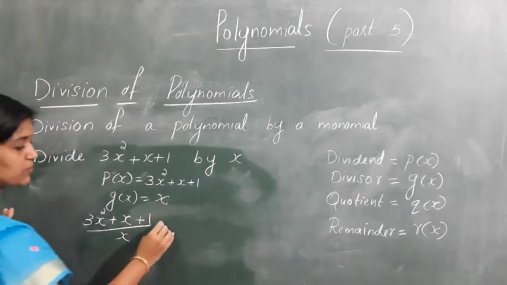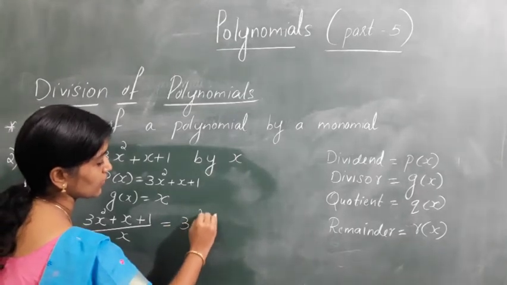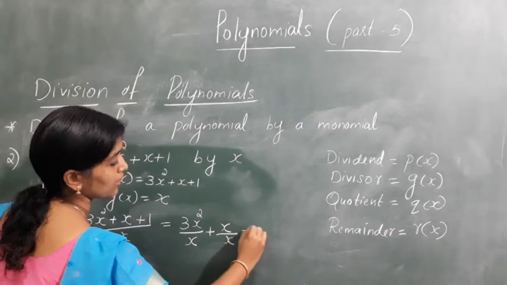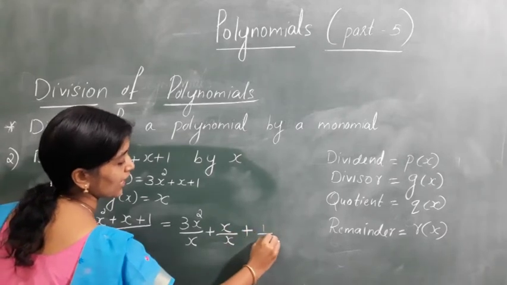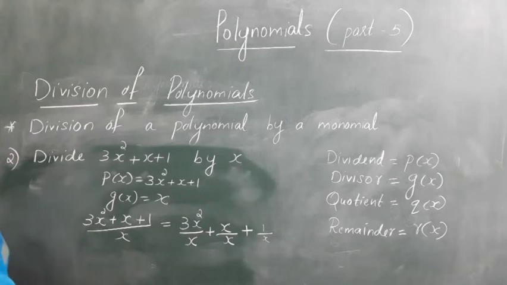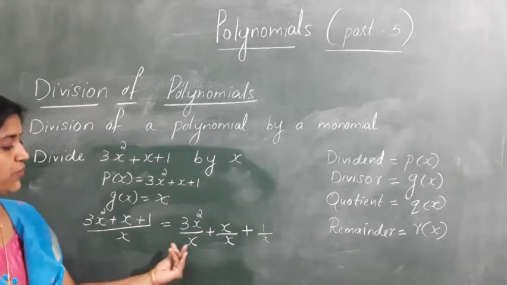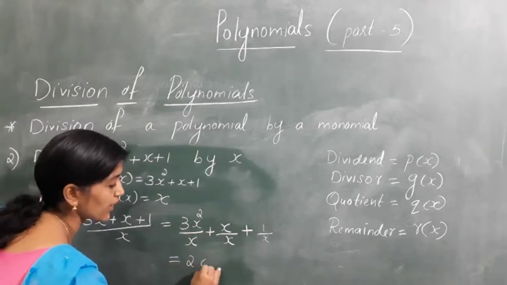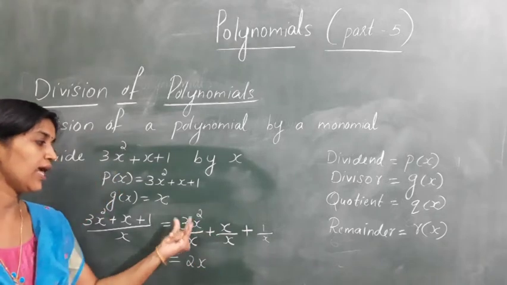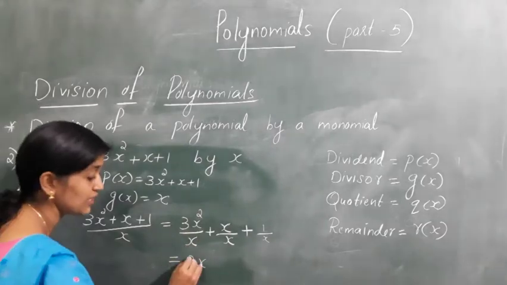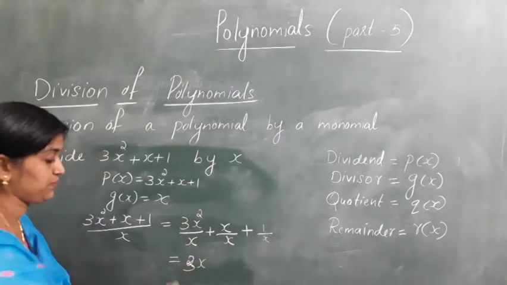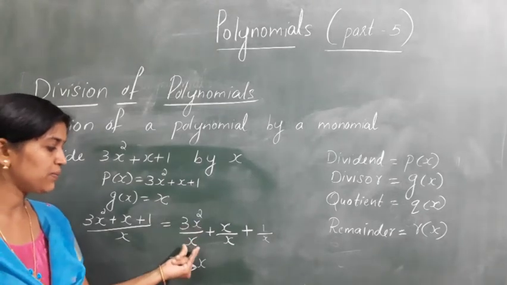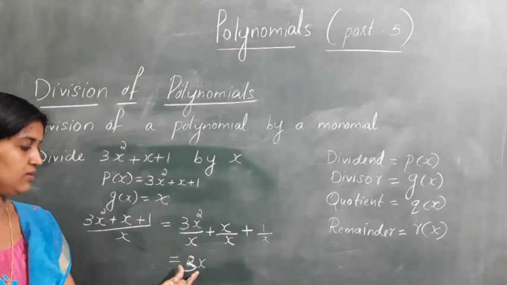Now we are distributing, that is 3x square by x, again x by x, plus 1 by x is coming in. So here you can divide. 3x square divided by x, sorry, it is 3x. 3x square divided by x is 3x.